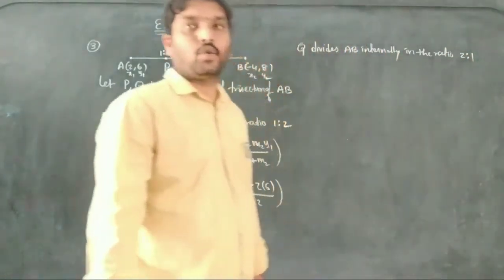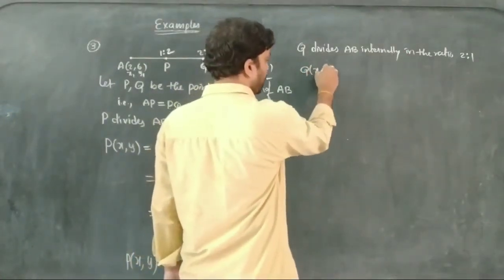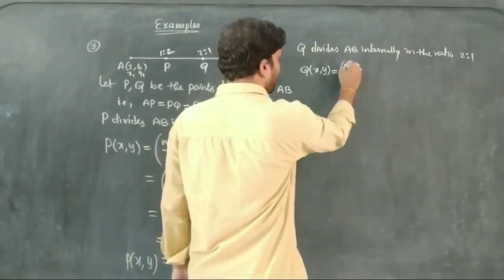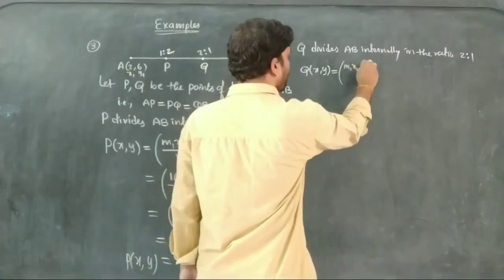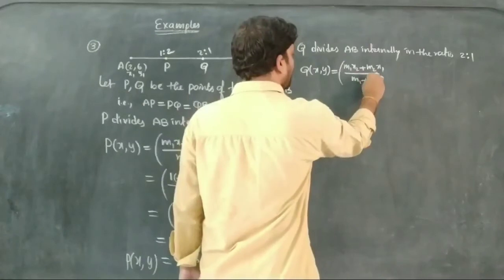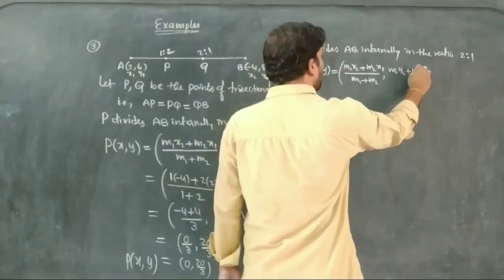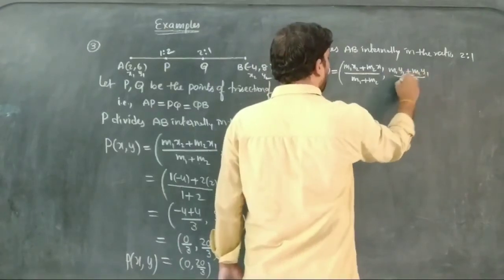We can take the 2 is to 1 ratio. Now Q(x, y). Same formula we can apply. (m1 x2 plus m2 x1) by (m1 plus m2). Next (m1 y2 plus m2 y1) by (m1 plus m2).